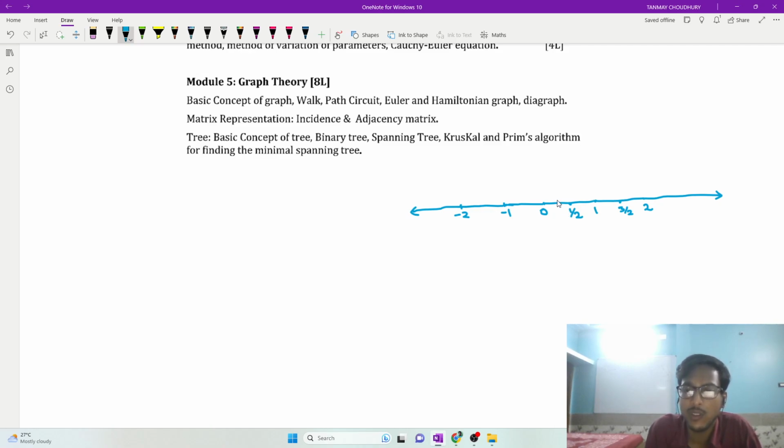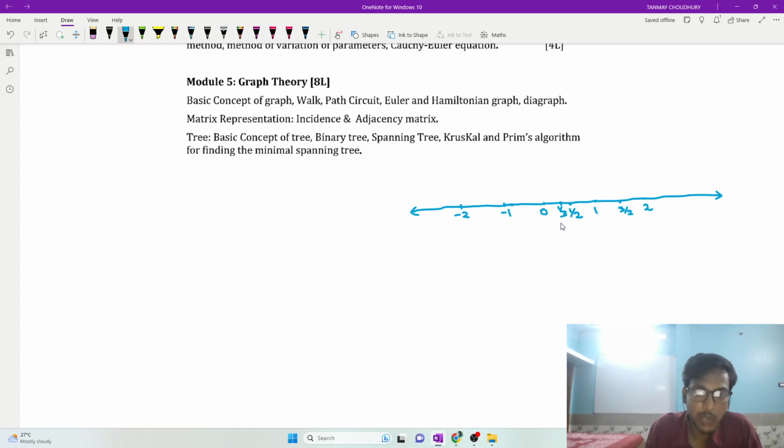Suppose we have to plot 1/3, then what will it be? Suppose we have a thread of unit length. If we fold it into 3 equal folds, then that much length will be 1/3. Say this is 1/3. So these are rational numbers.